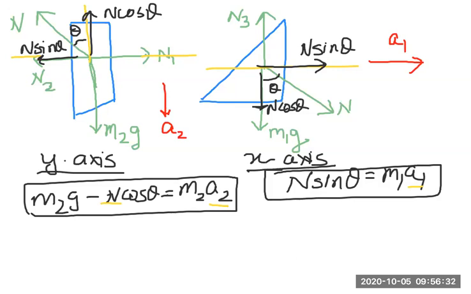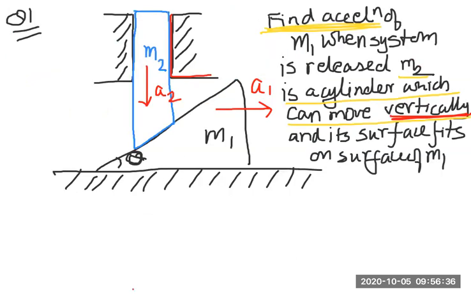And the way to solve this constraint: draw a dot on the first object, draw a dot on the second object, because these two objects are always moving in contact with each other.